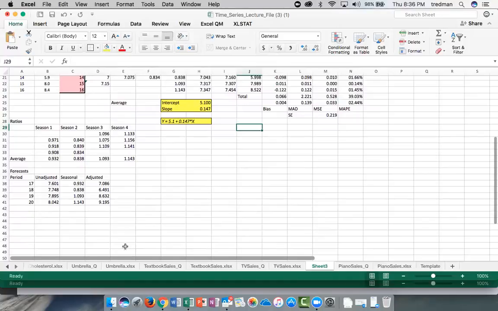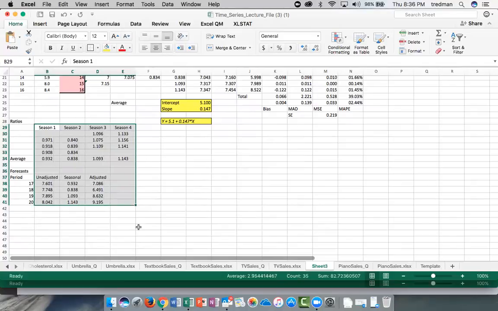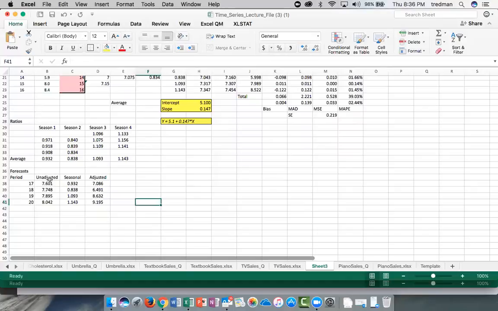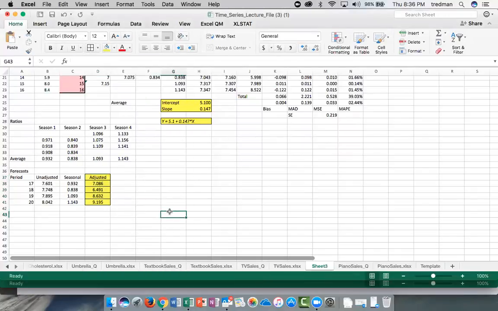And then they'll usually want to know what the seasonally adjusted forecasts are. So basically, you've got an unadjusted forecast. It gets multiplied times the seasonal adjustment, and so you have an adjusted forecast. And the adjusted forecast is what we're after.